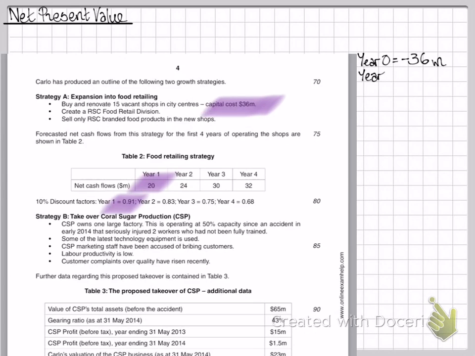Now to discount this 20 million, we're going to multiply it by the discount factor. Since it's an inflow, it's 20 million, not negative 20 million, multiplied by 0.91, to give us 18.2 million.